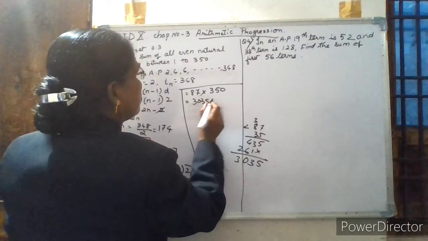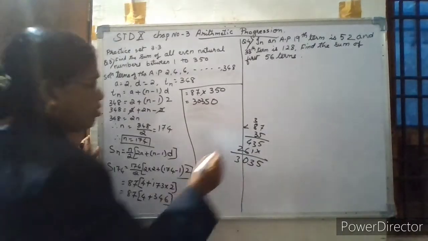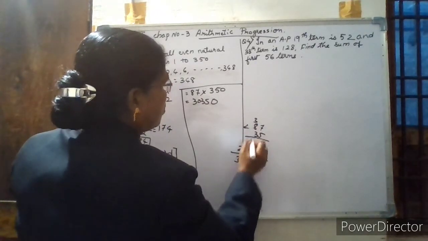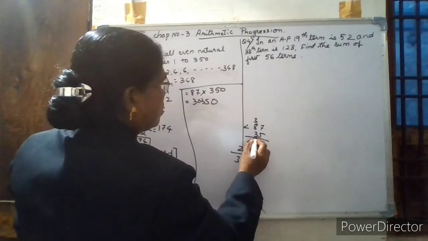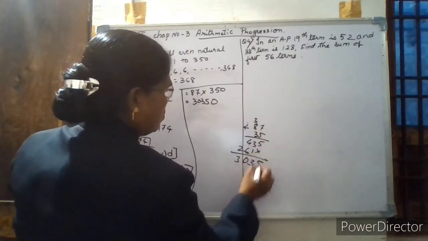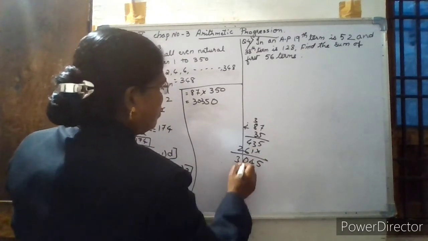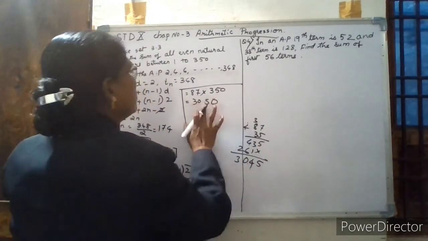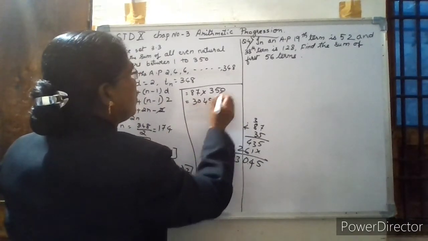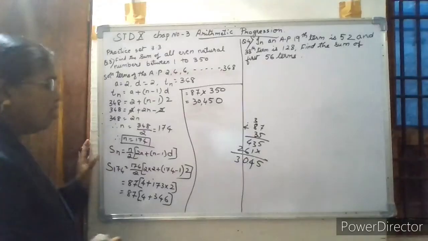So it is 3045, and this 0 you include. So it is 30,450.